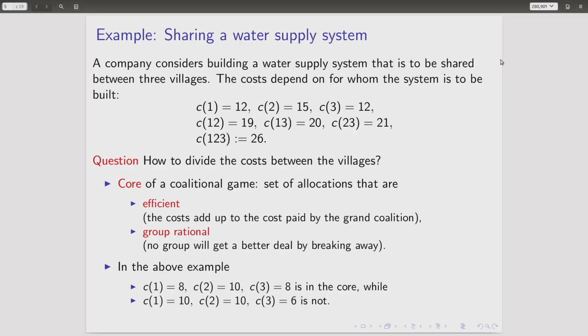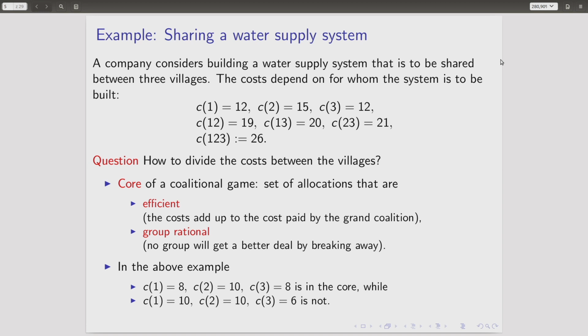my point was that the company came up with some paying scheme. And they said if only one village, namely village number 1, gets connected, then you have to pay 12. The village 2, suppose that it's on a hill, has to pay 15. The third one also 12.